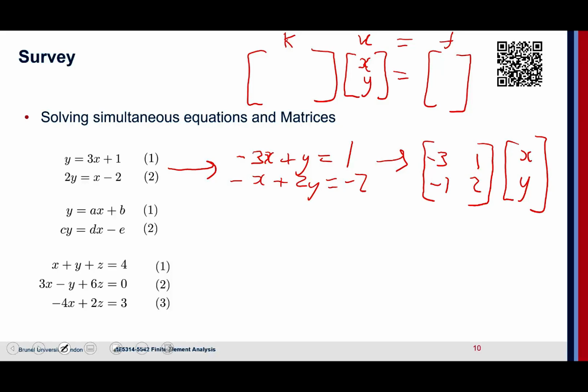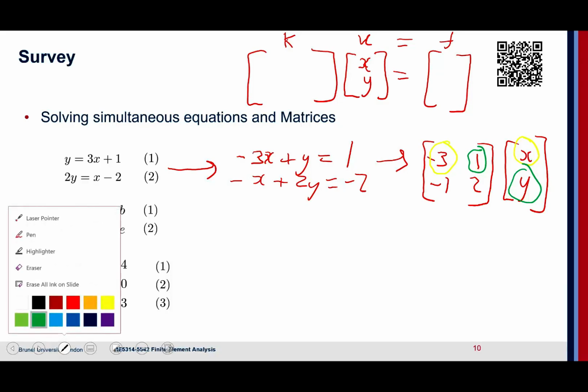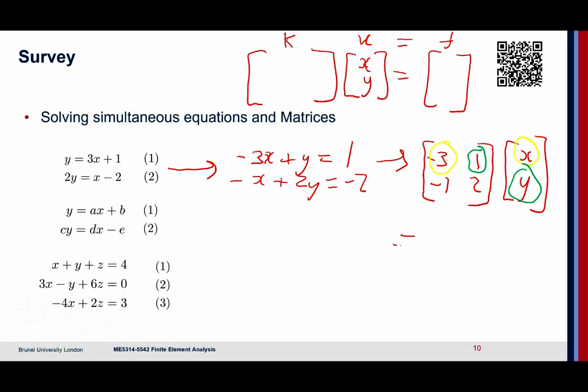So just to show you, with matrix algebra, the way it works is we multiply this term by this term, and we multiply this term here by this term here. So you can see if you do minus 3 times x, and then 1 times y, we get minus 3x plus y, and that's all equal to the right-hand side, which is just 1 and minus 2.